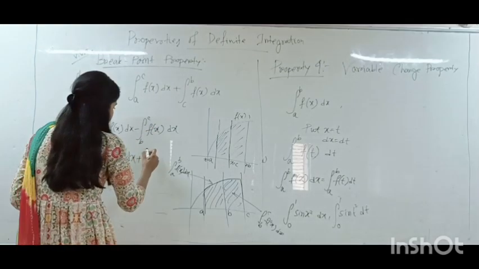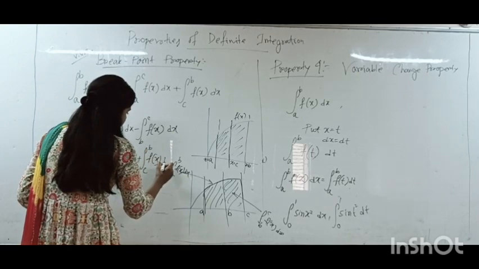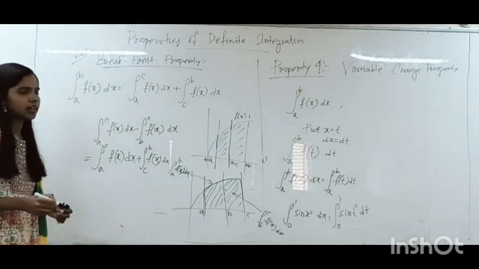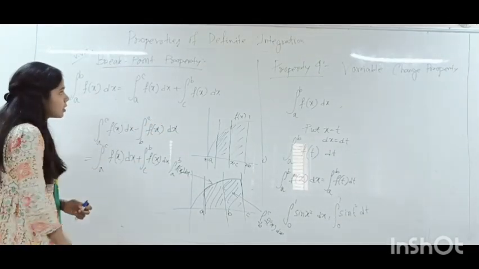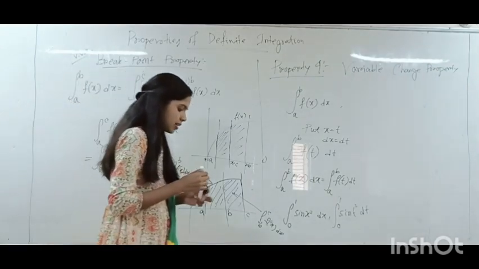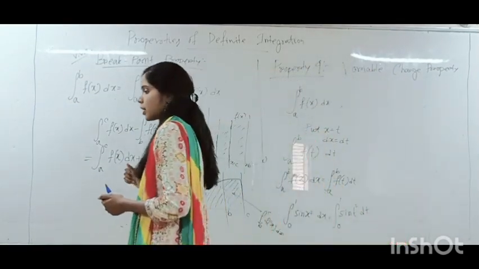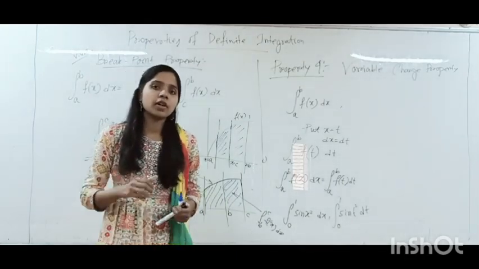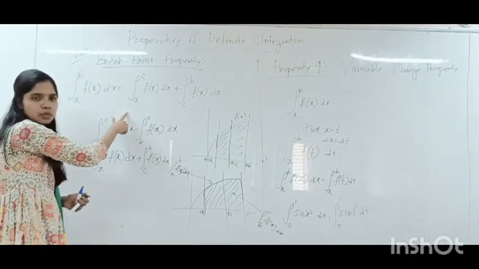That means it will be integration c to b f(x) dx. So what is our property? It is the same. That means c can be inside the closed interval a comma b or outside it. For both cases, this property is true.